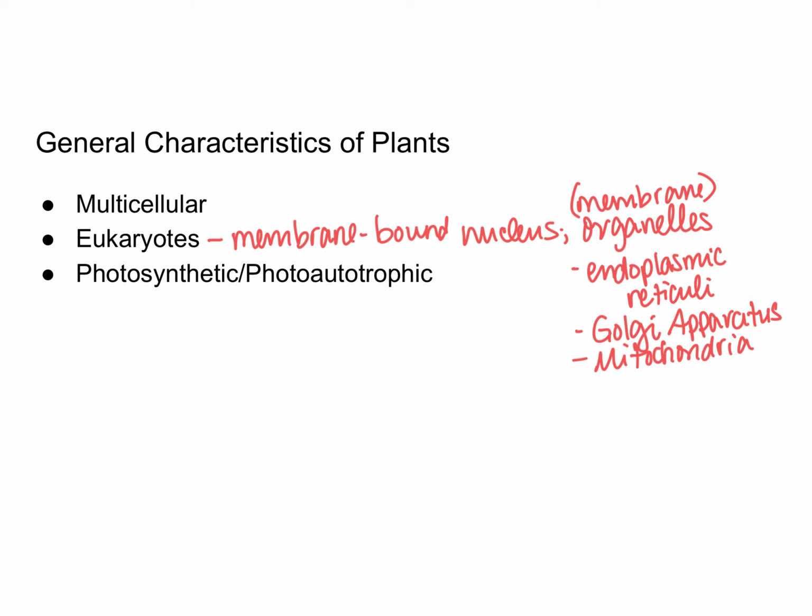Eukaryotic cells also have multiple linear chromosomes. And these chromosomes are organized with histone proteins.